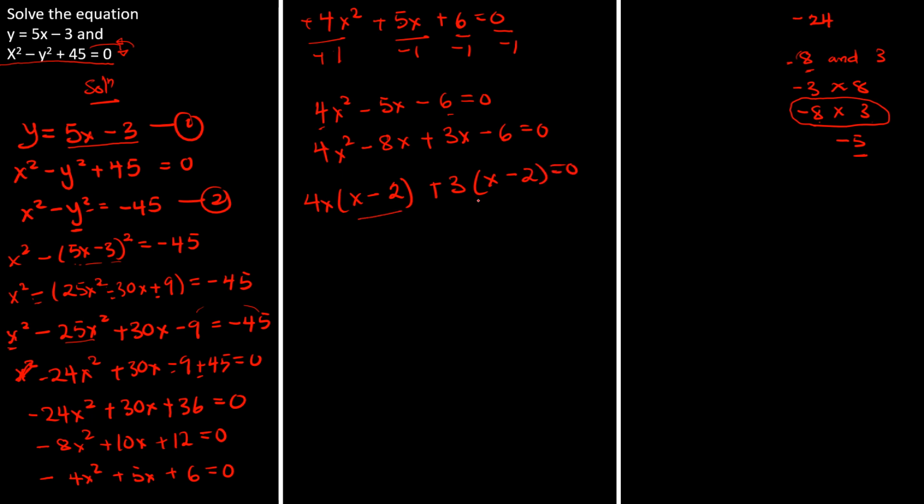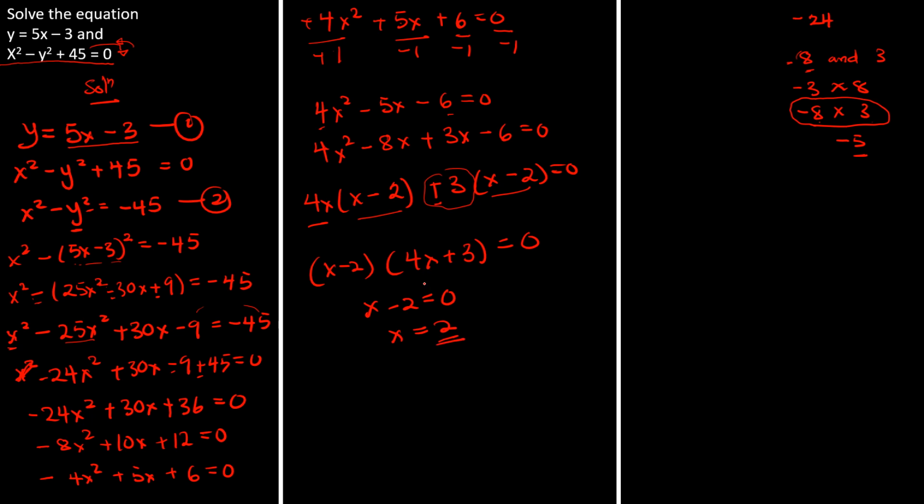When I factor x minus 2 out, since that is the common one here, we have 4x, then plus 3 here, so 4x plus 3, all of that is equal to 0, right? So for me, I can say, taking the first one, x minus 2 is equal to 0. That means x is equal to, when this crosses, it will become 2, right?